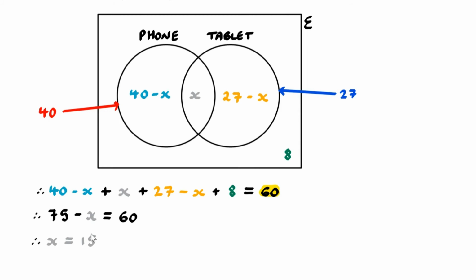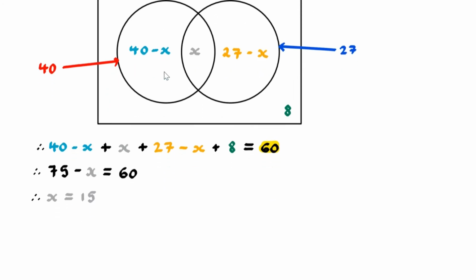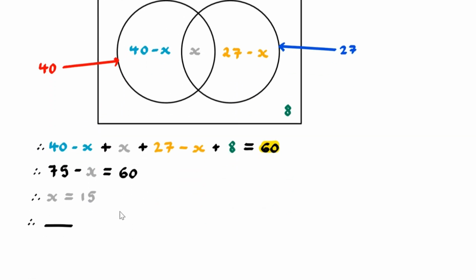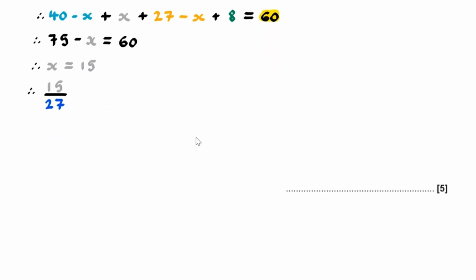So then when we come to find the probability that they also own a smartphone, what we have out of those selected who own a tablet, well, we've got 27 of those, and of those 15 of them own a smartphone too.